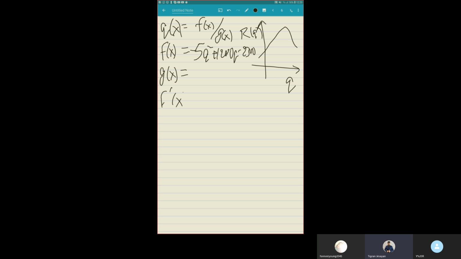And then G bar x is equal to 2. That's it. So R bar q is equal to F bar x, so minus 10x plus 12,000, times G(x), the normal G(x), so 250 plus 2q.